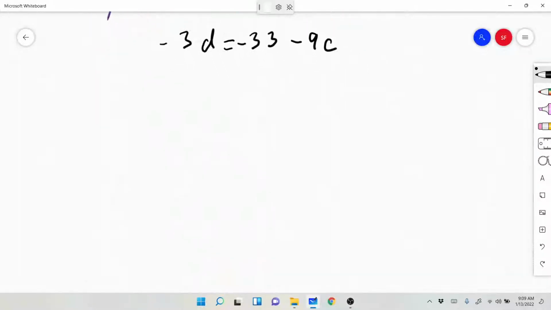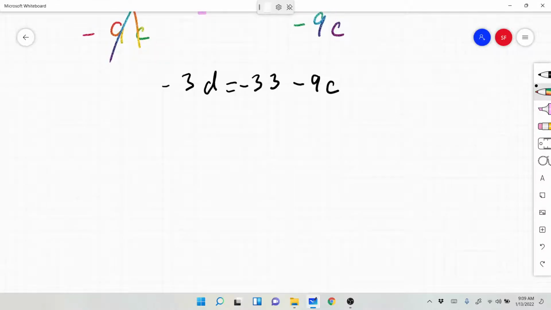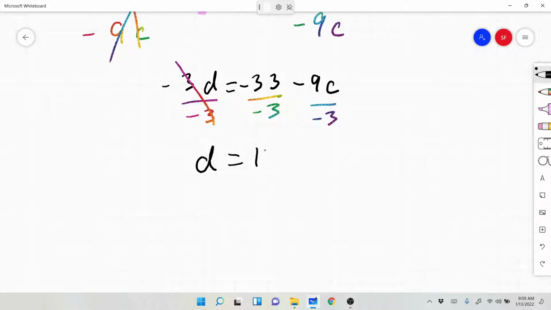Now what? Divide by negative 3, right? We've got to divide everything by negative 3. That's right. D equals 11 plus 3C. That's exactly right.